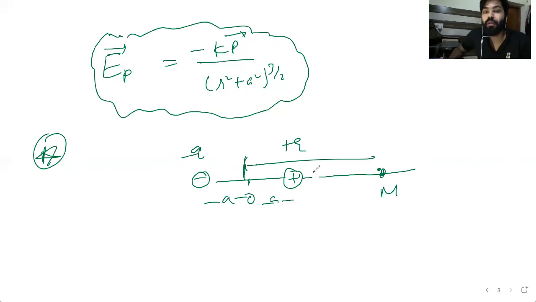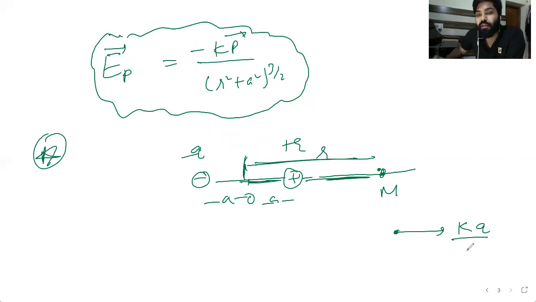Now the electric field due to plus Q will be in the rightward direction. The value will be k times charge over distance squared, and the distance is r minus a. So r minus a whole square.